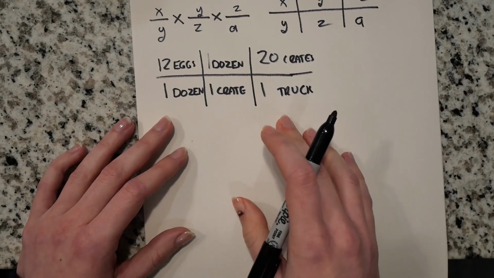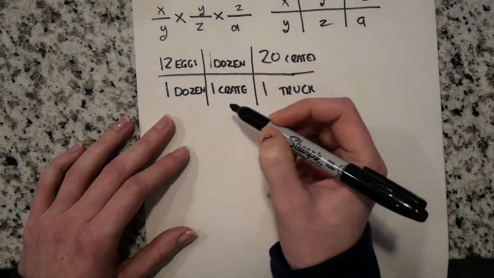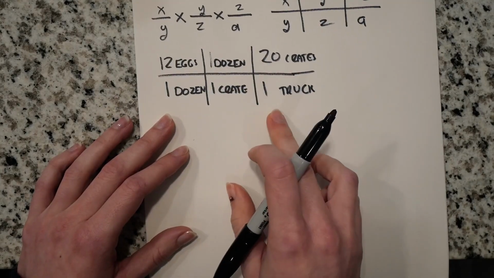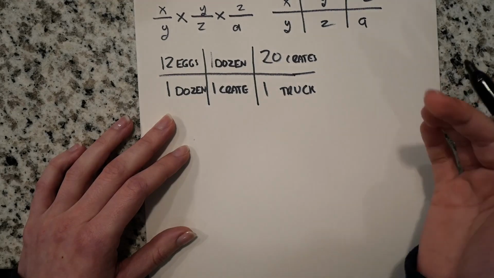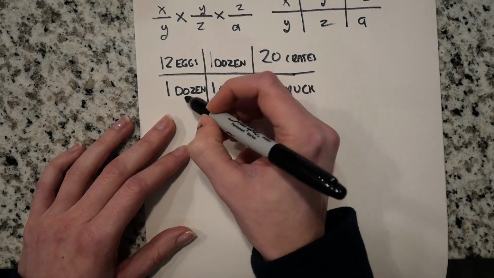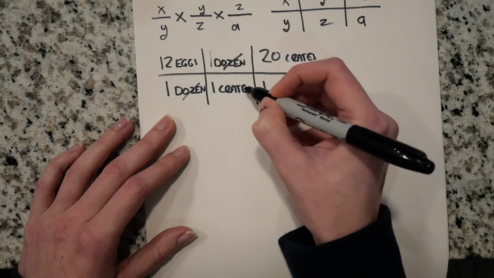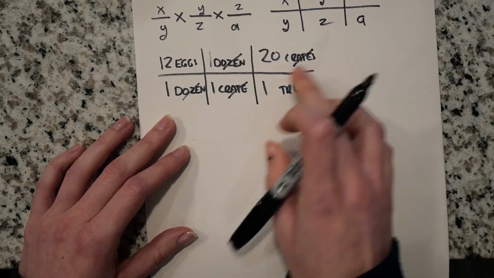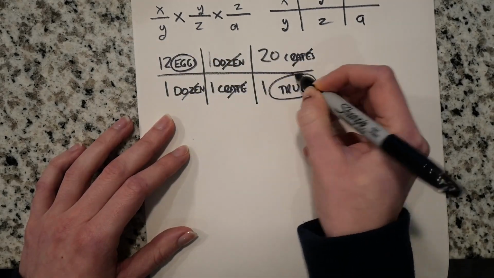You notice that I've made these diagonal, and this is on purpose. We always write our units. That's really important, both for yourself and for whoever is grading your work. We want to make sure that all of our units cross out. So dozen and dozen, these are diagonal. We've got crates and crates, diagonal. And whatever doesn't have diagonal pairs is going to end up in the end answer.